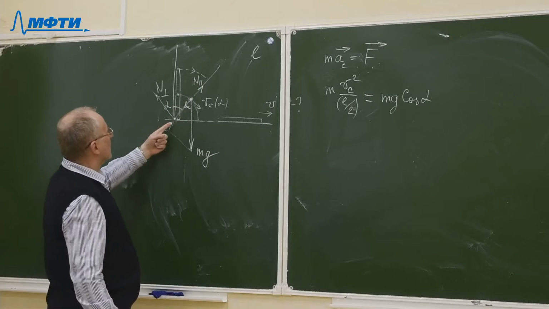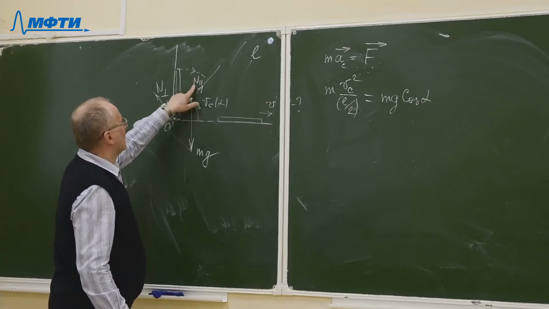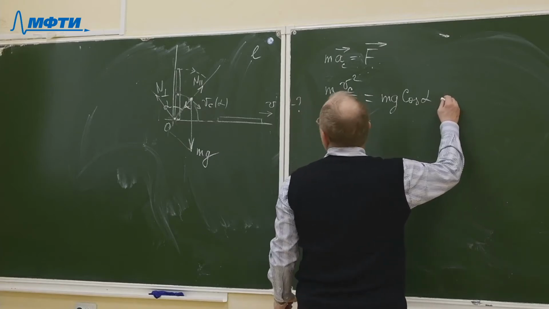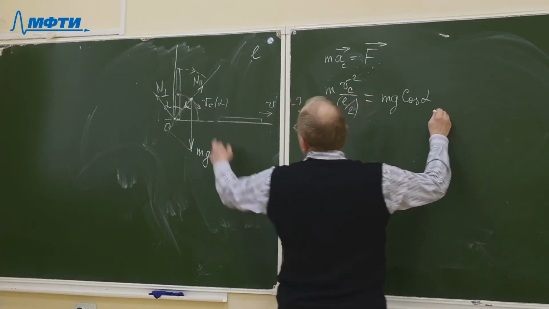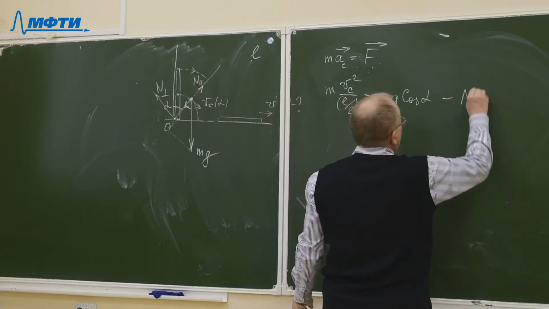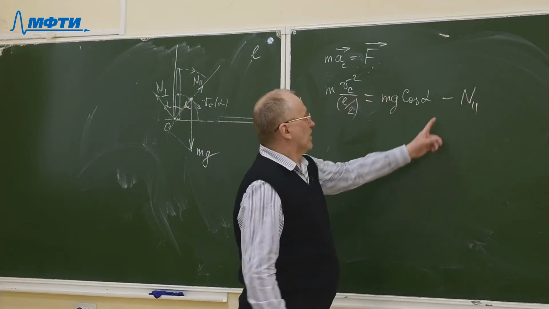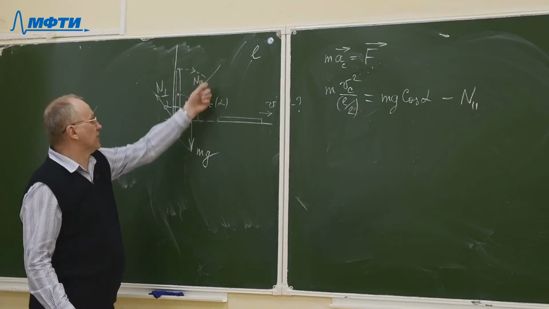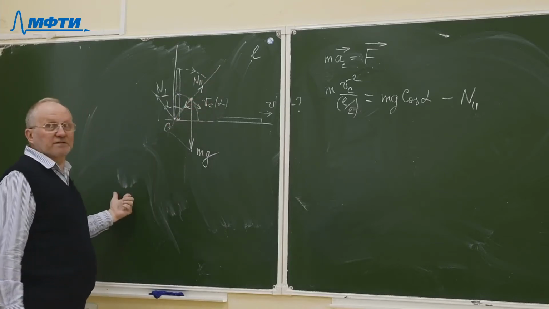And also there will be an opposite force, which is N parallel, with a minus sign, because N parallel we know is directed here, and mg cosine alpha is directed here.